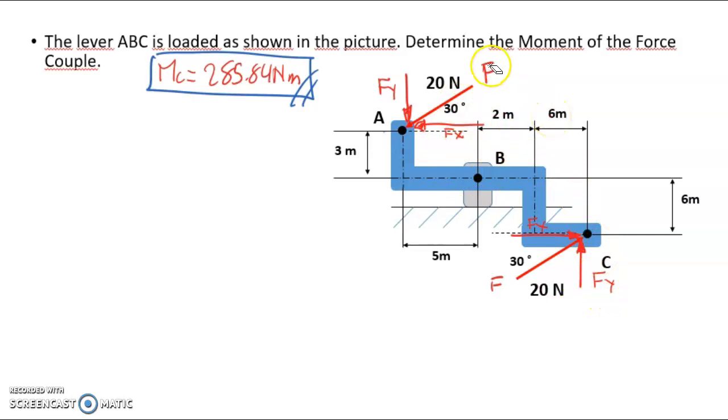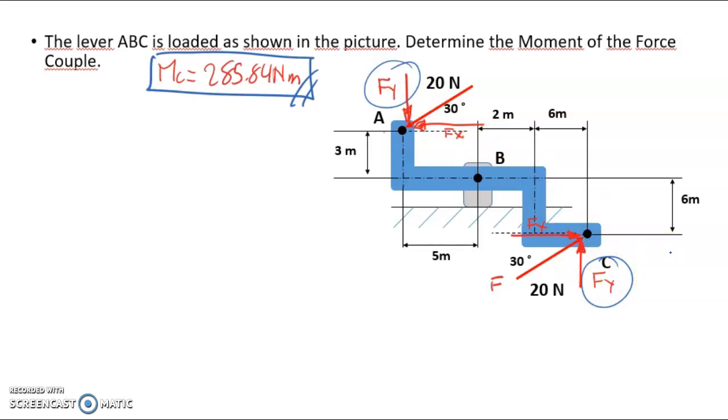Why is that relevant? Well, force Y that goes down is going to be exactly the same as force Y that goes up. They are parallel and they have different senses. That means they create one couple.